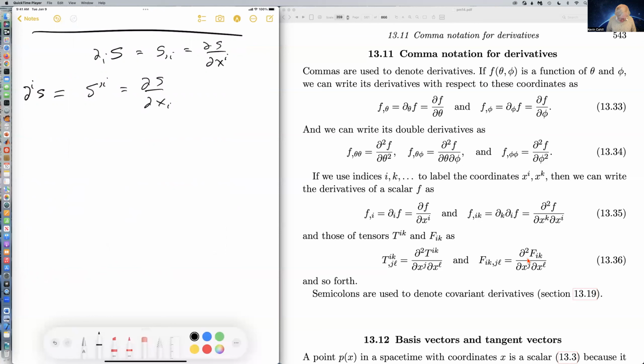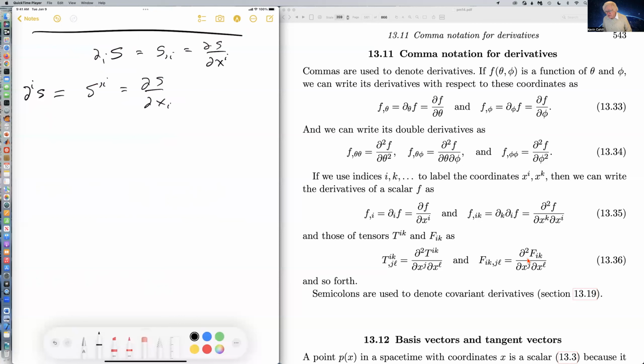Now, I said to you last time that the derivative of a scalar is a tensor, but the derivative of a vector or the derivative of a tensor of rank 2 or 3 is not a tensor. And so what one needs to do is to introduce a new kind of derivative such that the derivative of a vector is a tensor.